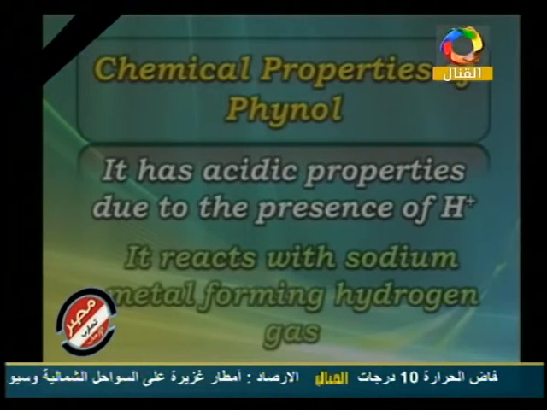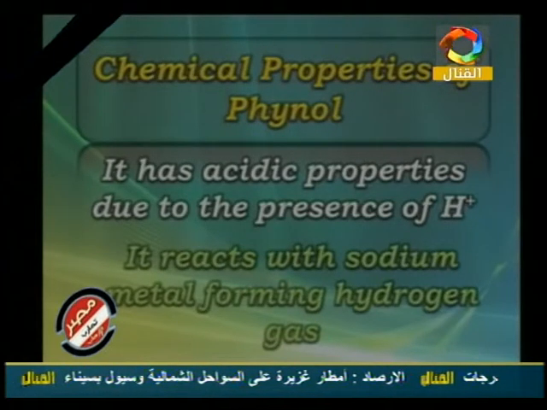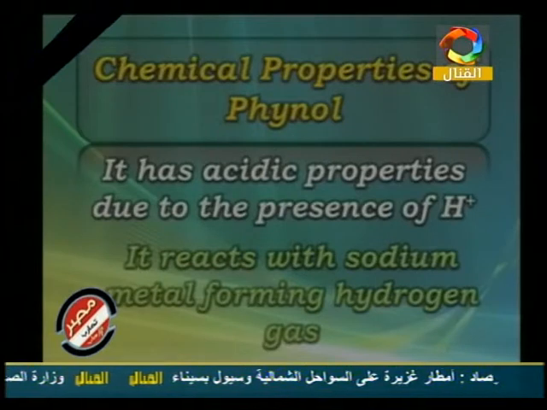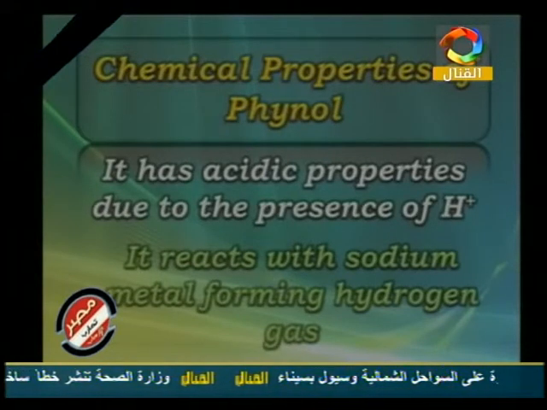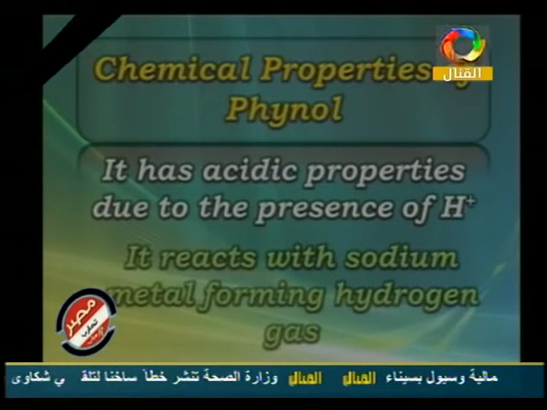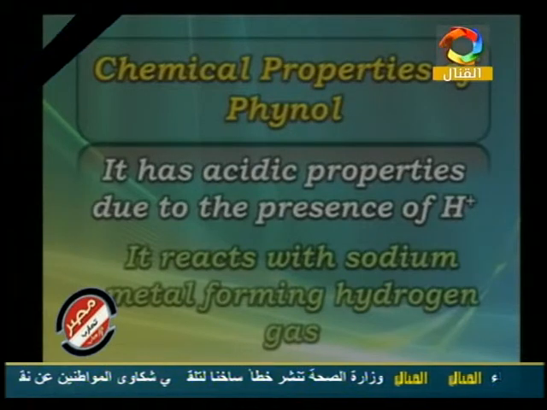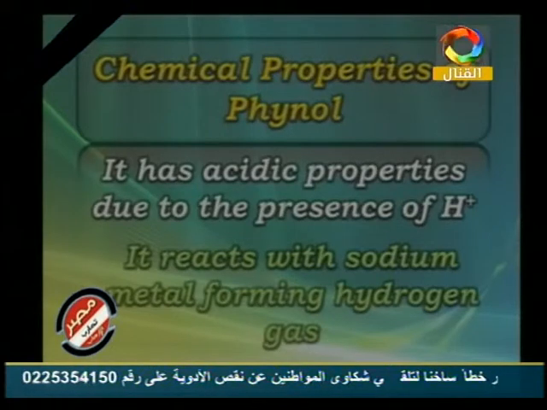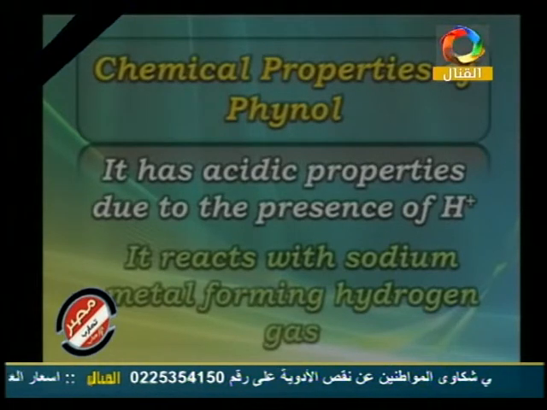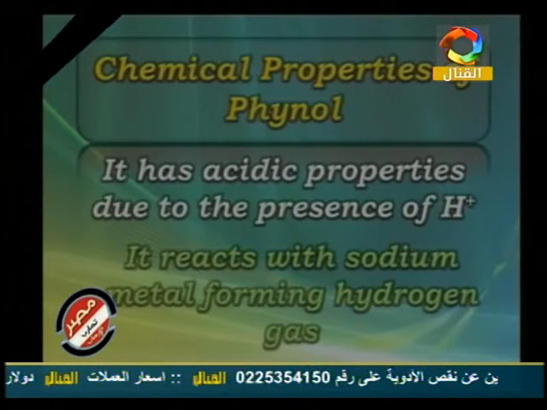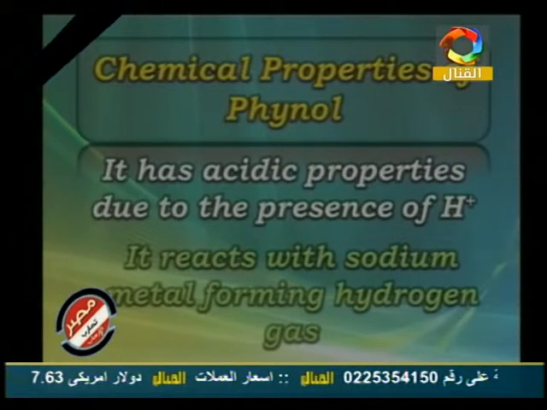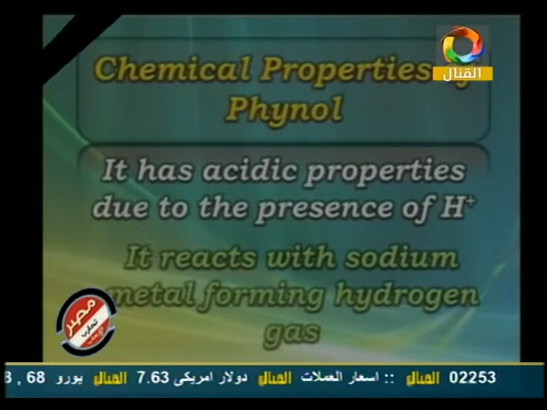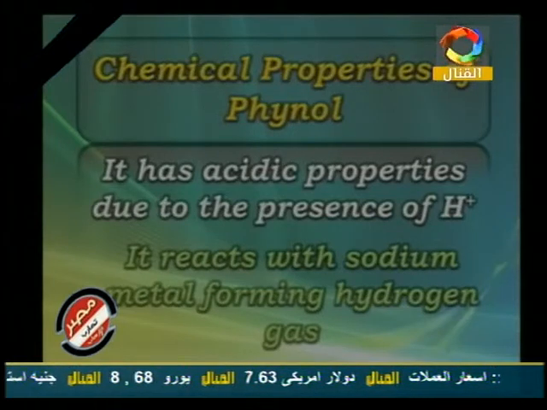Again, the OH bond in a hydroxyl group is very strong. But here in phenol, the attraction force of the benzene ring for the electrons on the oxygen atom makes the hydrogen free to move outside this compound. So the acidic property is due to the presence of the hydrogen proton here. It reacts with sodium metal, forming hydrogen gas, as we see here.